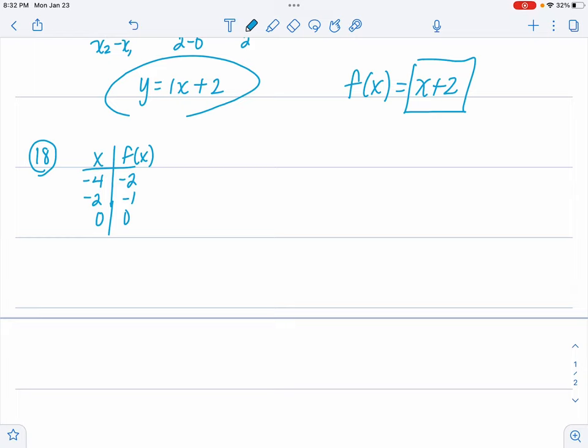And we need to write the linear function. So we pick any 2 ordered pairs to calculate the slope. It doesn't matter which ones. So maybe you used these 2. Maybe your neighbor used these 2. And those are the 2 I'm going to use.